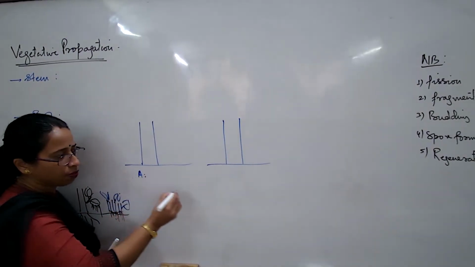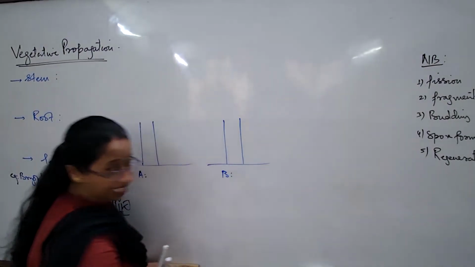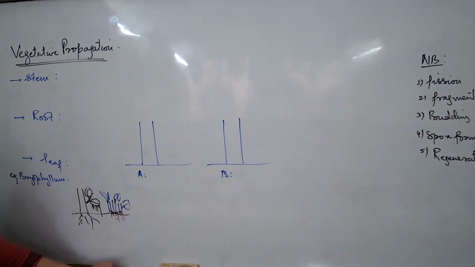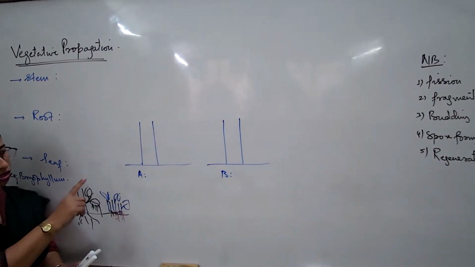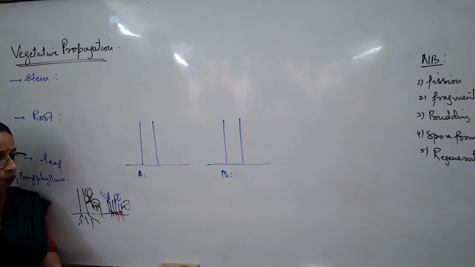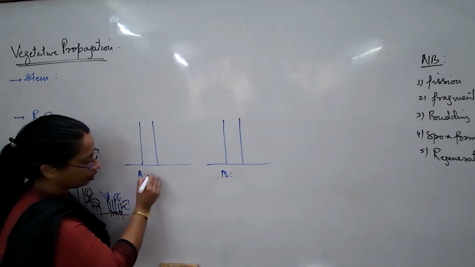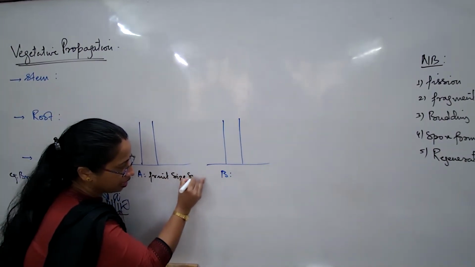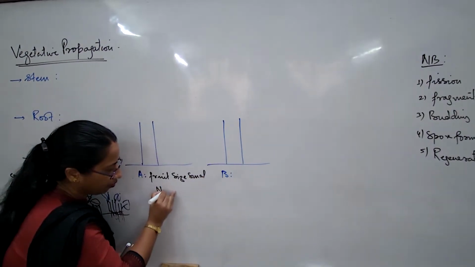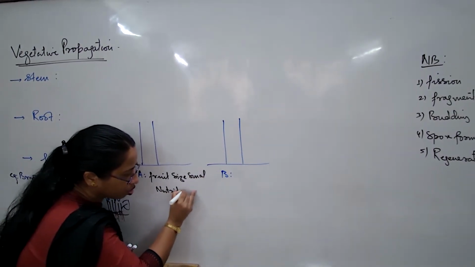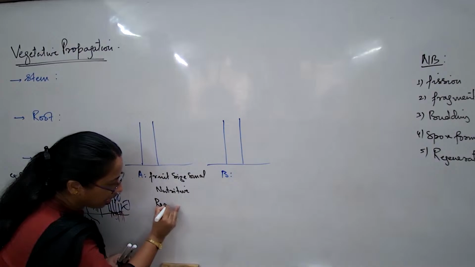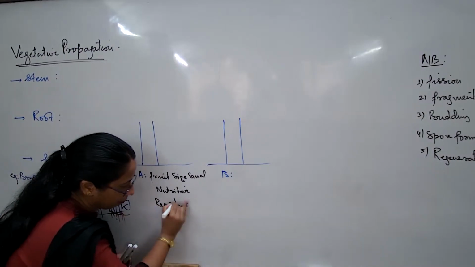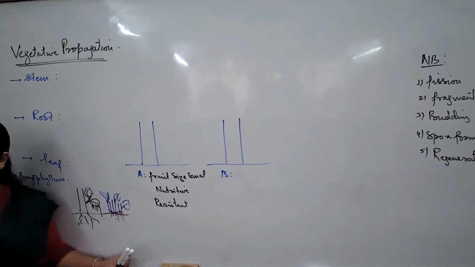Every species or variety will have some good characteristics and some undesirable characteristics. Maybe for this particular species of mango, the fruit size is small, but the fruits are extensively nutritive and the plants are very resistant.